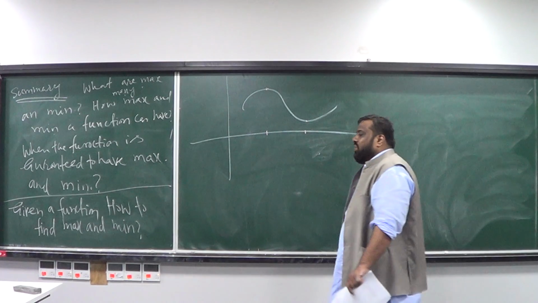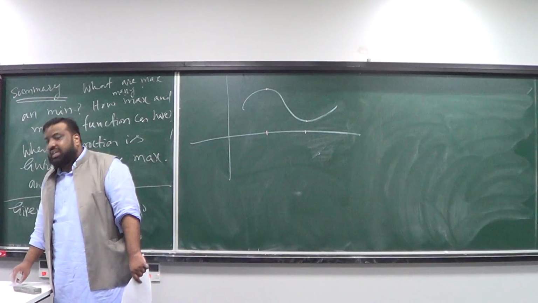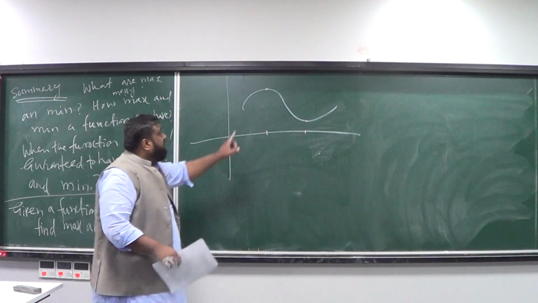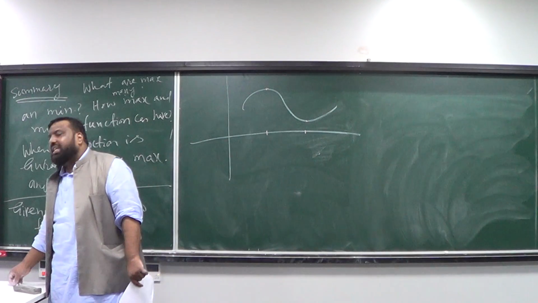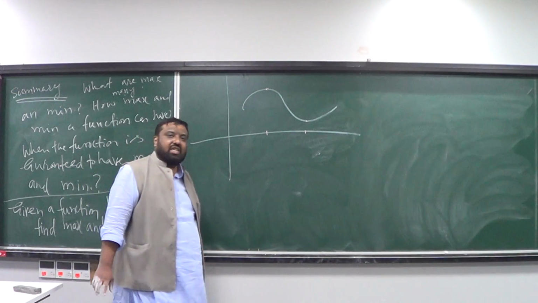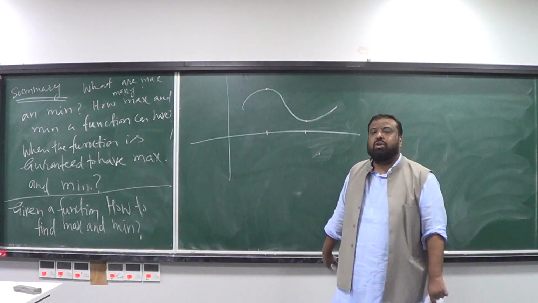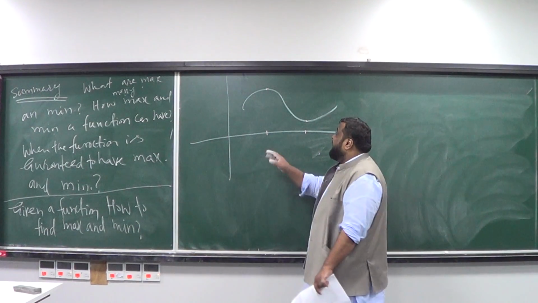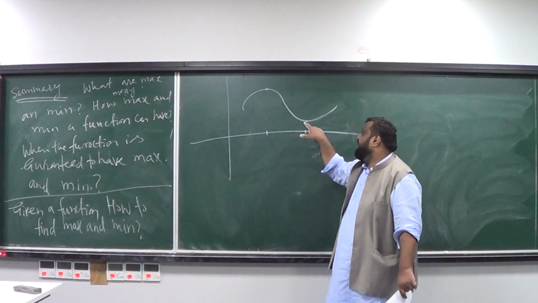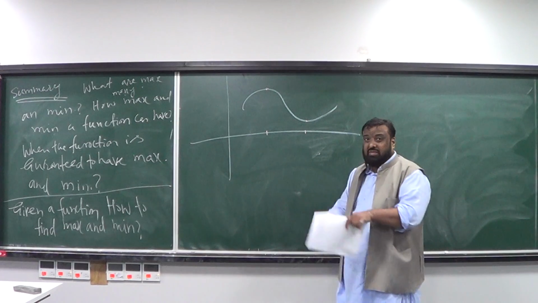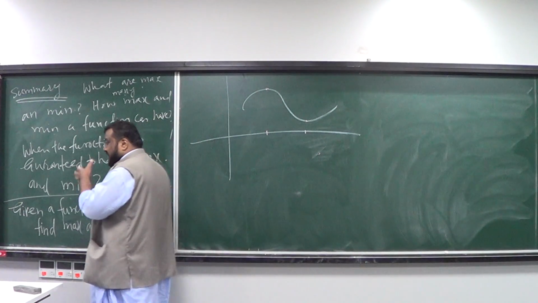I would like to ask one thing from you. Can you guess what is common between these 2 points? There is something interesting happening at these 2 points which is common in both. So pause the video for a minute or a second and think about what is so special happening at this point and this point actually.